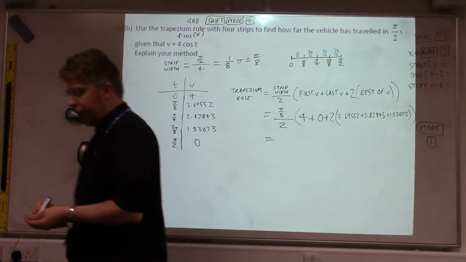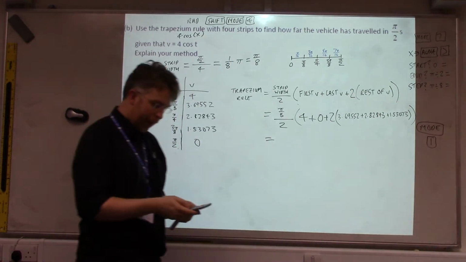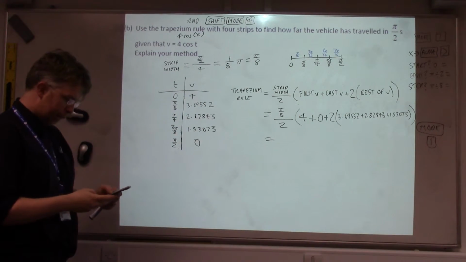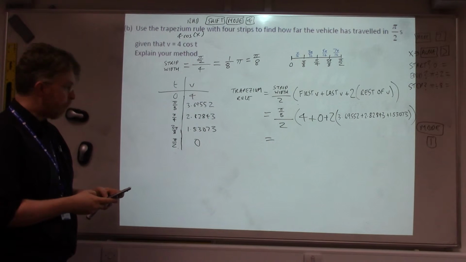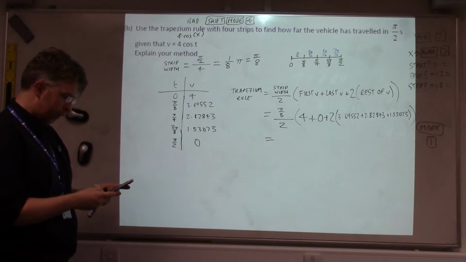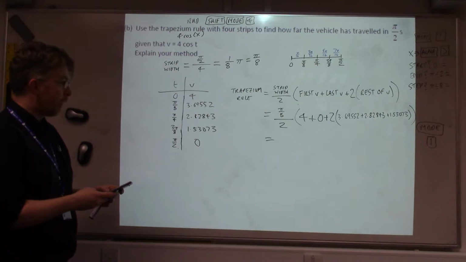You need to stick all that into a calculator. So press mode 1 to get back to normal calculation mode. Fraction button, shift pi over 8, all divided by 2, open bracket, 4 plus 0 plus 2, open bracket, 3.69552 plus 2.82843 plus 1.53073, close bracket, close bracket.